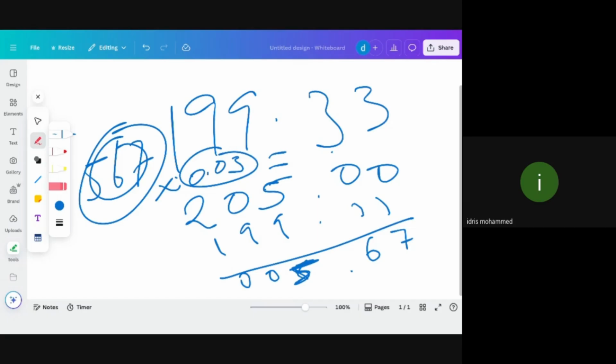That's what will give us the profit that the person makes. So let's do it. But this now will not be directly 0.03.